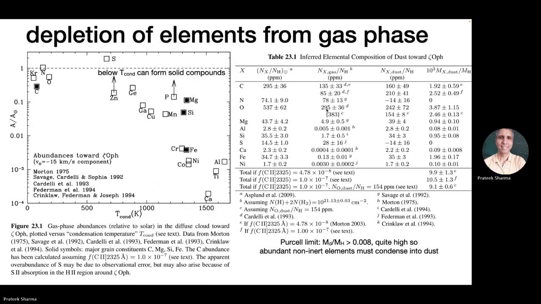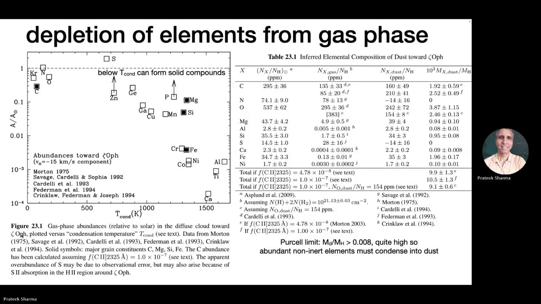Okay, so this is what I was mentioning earlier, that some of the elements in the interstellar medium condense out of the gas phase and populate the dust grains. So this is an observation of gas phase abundance relative to the solar abundance for a bunch of elements, in the diffuse cloud towards zeta Ophiuchi.